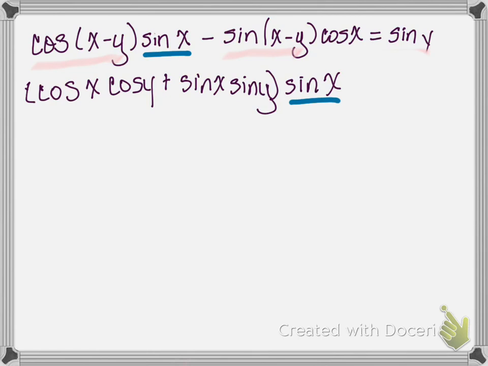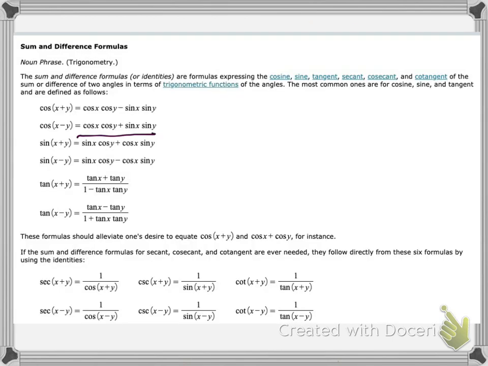Okay, so I have substituted for cosine of x minus y, but my sine of x stays the same. So I am going to have to distribute that sine of x in my next step. So now I am going to take sine of x minus y. I'm going to keep my subtraction, and I'm going to start in parentheses right here, and I am going to substitute sine of x minus y.